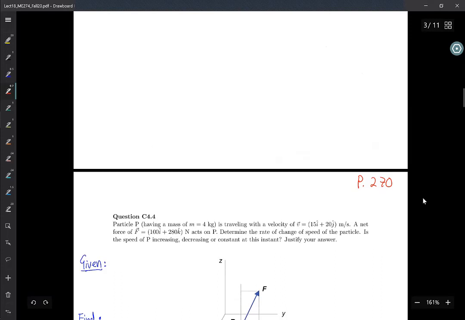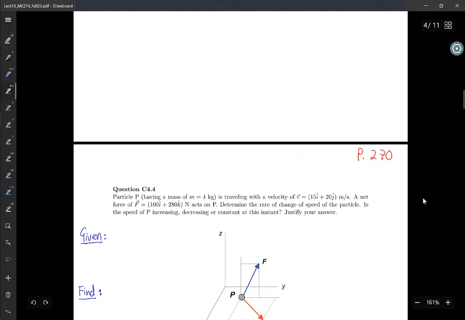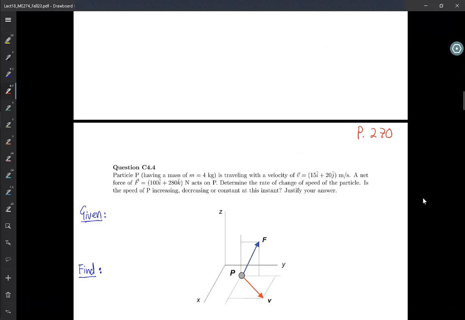let's do this problem first. Let's do this conceptual problem. It's on page 270. So we have a particle, and we are given the velocity of the particle.